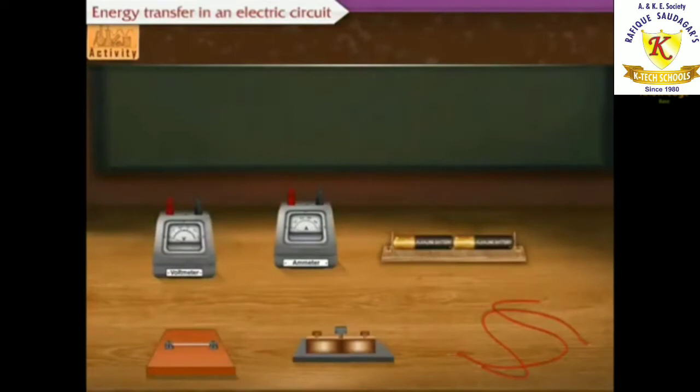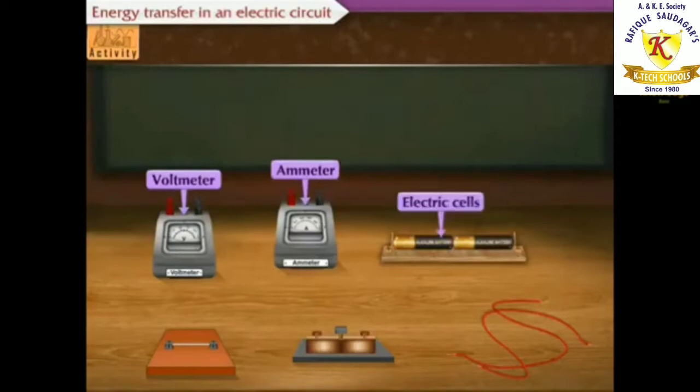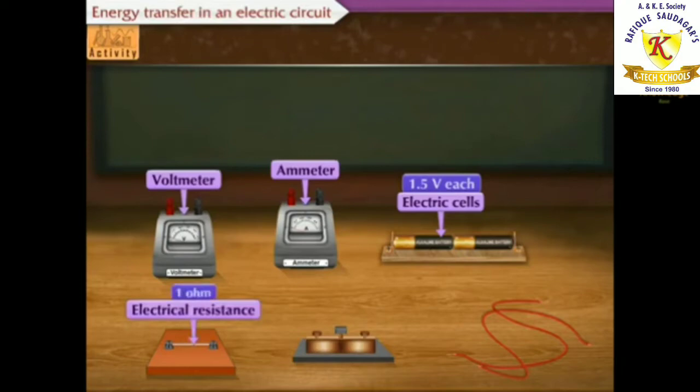To perform this activity, we will require a voltmeter, an ammeter, two electric cells of 1.5 volts each, an electrical resistance having a value of 1 ohm, some connecting wires and a plug key.